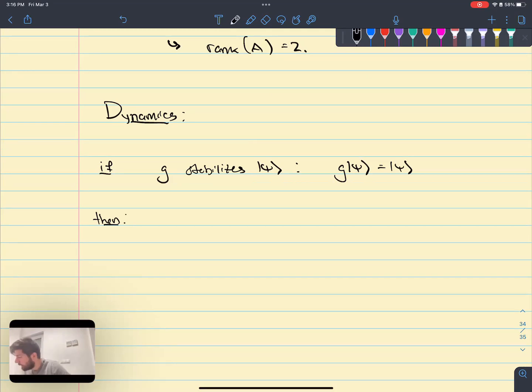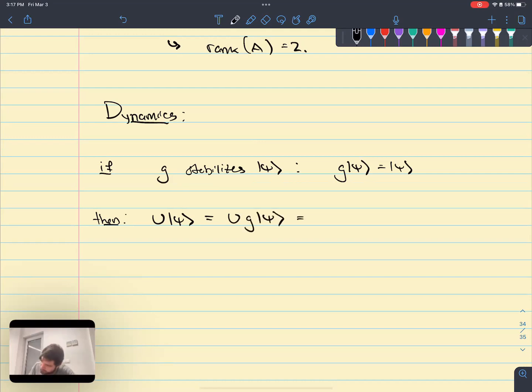So if we perform some unitary times psi, then we can say something about also the stabilizers, because just because G stabilizes it, we have U times G times psi. I can always do this.